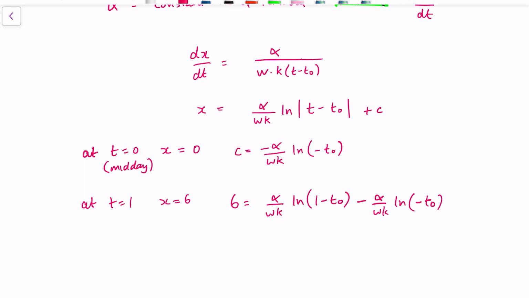Now I can use log rules there because I've got 2 logs subtracted, but first up I'll factor out the alpha over wk thing, and then I've got ln of something minus ln of something else, so it's ln of 1 minus t naught over minus t naught.